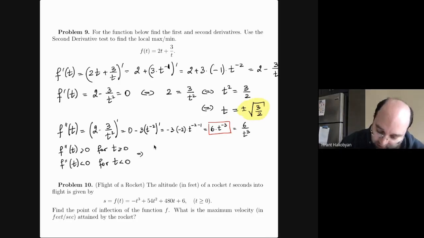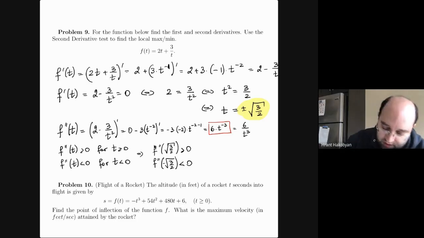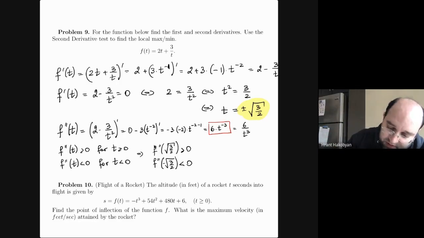If I have f double prime of the positive root 3 over 2, that's going to be positive, and for the negative root 3 over 2, it's going to be negative. So what does that mean in regards to the maximum and minimum? Well, if the second derivative is positive, that means I have a local minimum at that point.